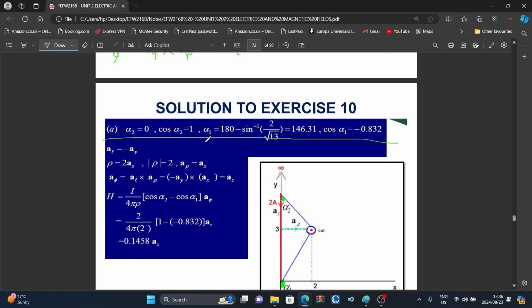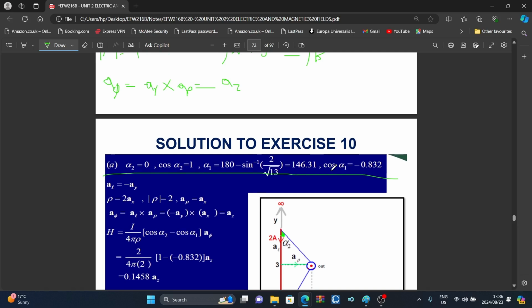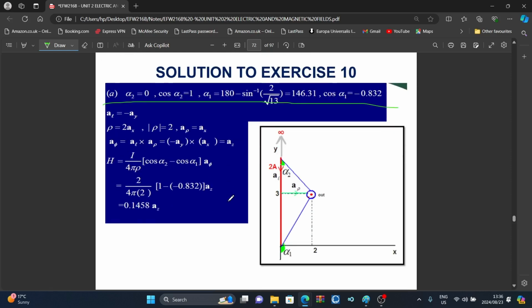So you can substitute that and that's how they calculate your alpha 1 in this case. You can also have cos negative 1 divided by 3 over square root 13. That's your angle and that's your cos of alpha 1, which equals minus 0.83. You can calculate through it.